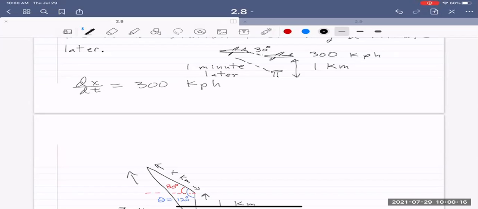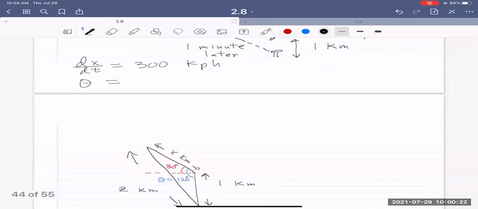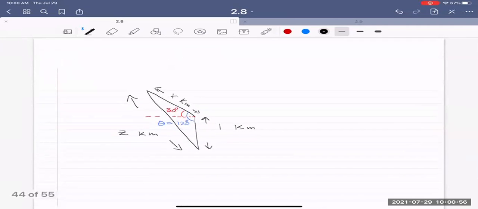Theta is 120 degrees, which when converted to radians, divide each of those by 60, so it's 12 over 18, divide by 6, so that's 2 over 3. So 2 pi over 3. Okay, and we want to figure out dz/dt.